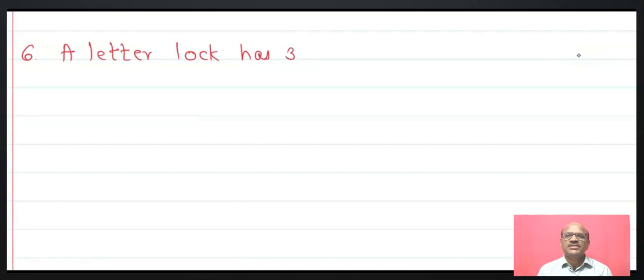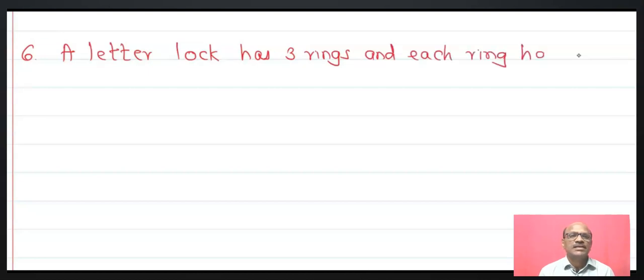Now the question number 6. A letter lock has 3 rings, and each ring has 5 letters.